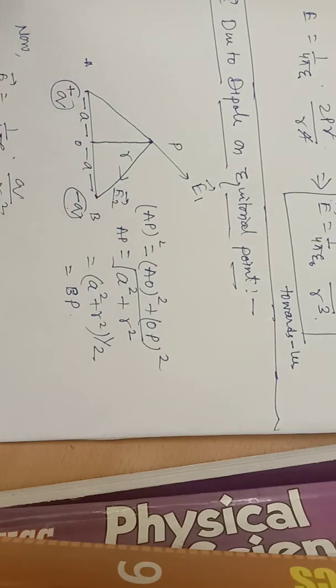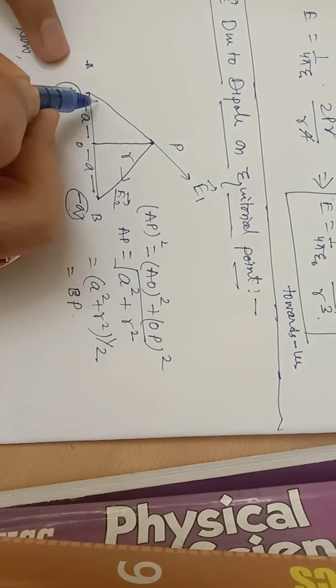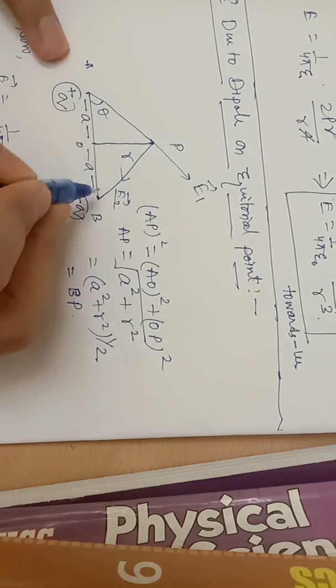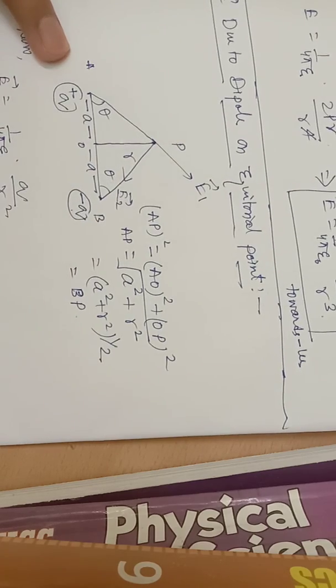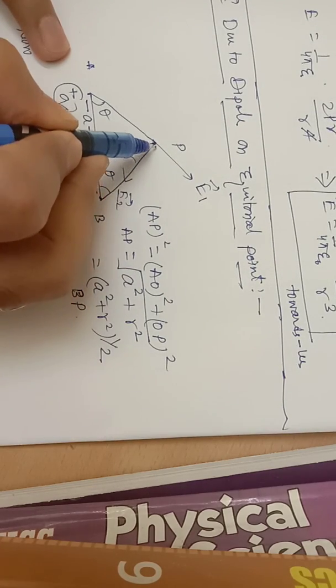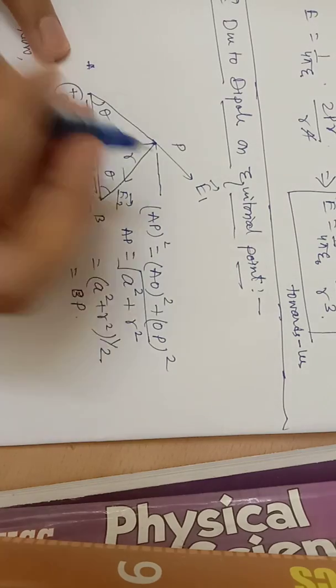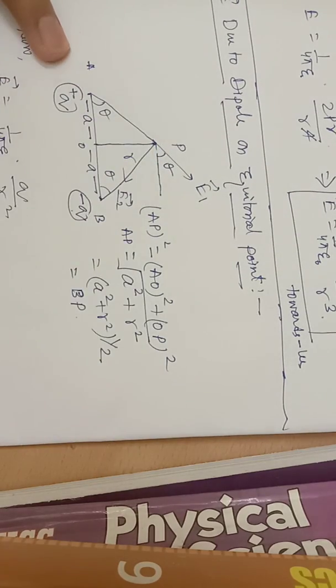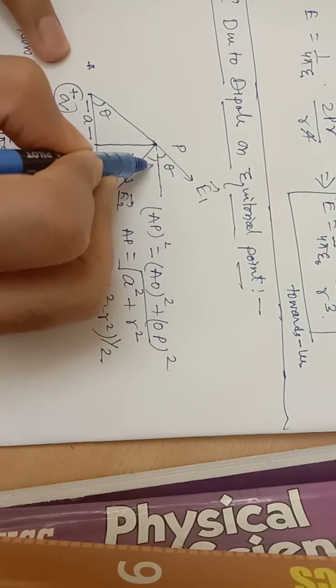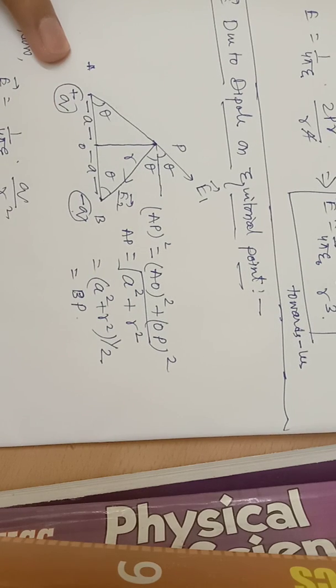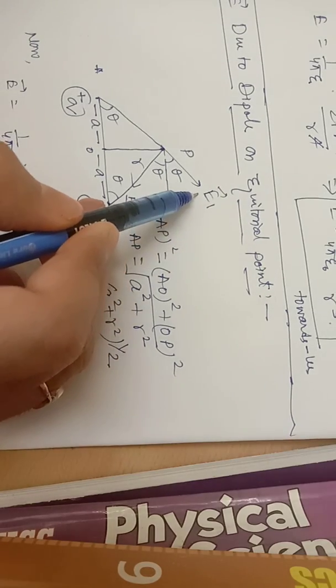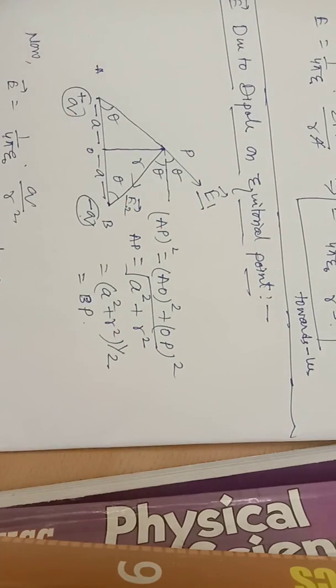Remember, these are vector quantities. Suppose this angle is theta. So this will also be theta. If we draw a parallel line with the base, this will also be theta. What will we do now? We will resolve the electric fields E1 and E2 into two components.